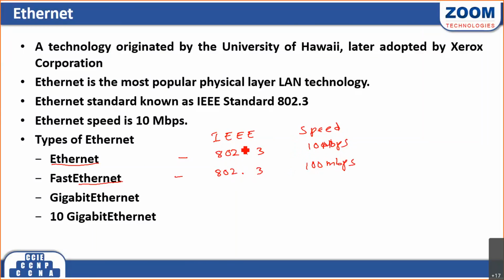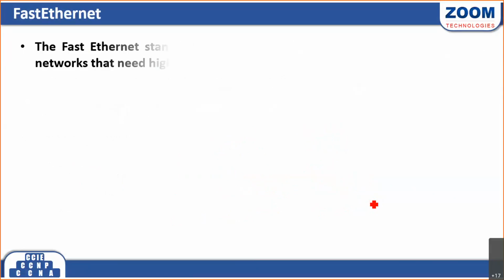The IEEE standard for Fast Ethernet is 802.3u. Gigabit Ethernet 802.3 speed is 1000 Mbps or 1 Gbps. To define the speed, 3ab and 3z we use. For 10 Gigabit Ethernet, 802.3ae is 10,000 Mbps or 10 Gbps. These are IEEE standards.